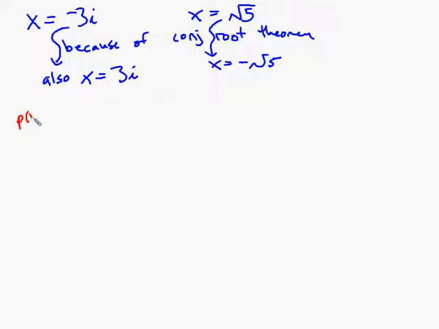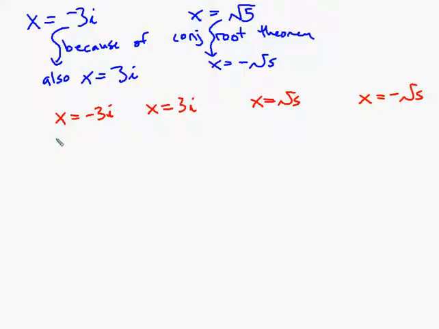So my polynomial is, well, before I get to there, I'm going to line all these up. x equals negative 3i, x equals 3i, x equals root 5, x equals negative root 5. Notice how I put the conjugates right next to each other? I mean, it's not required, but it's going to make your life a lot easier.